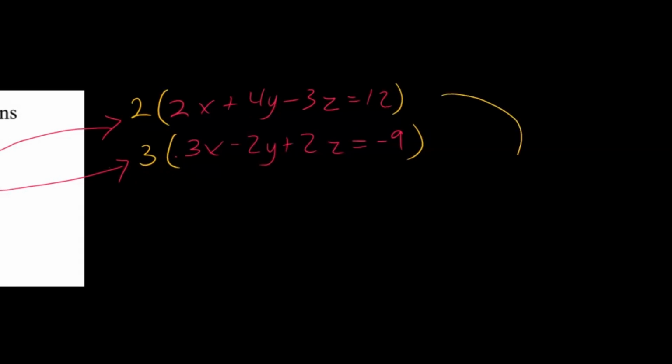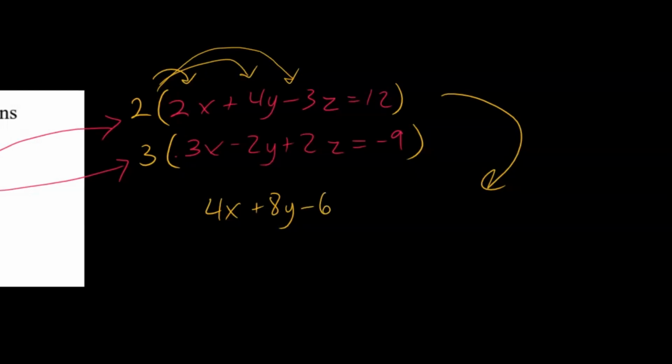So now you just have to expand this out, and I'll do this first one. 2 times 2x is just 4x. 2 times 4y is just positive 8y. And then 2 times negative 3z is negative 6z. And then 2 times 12 is just 24.